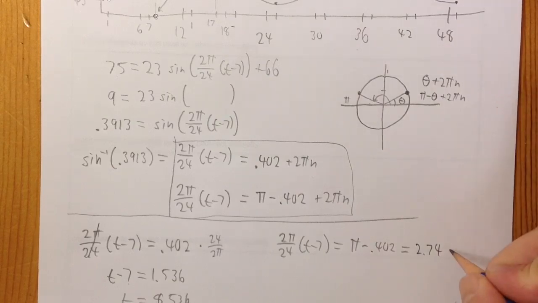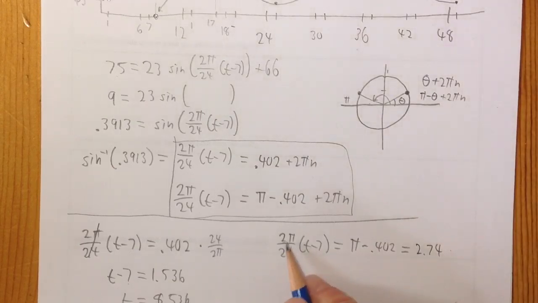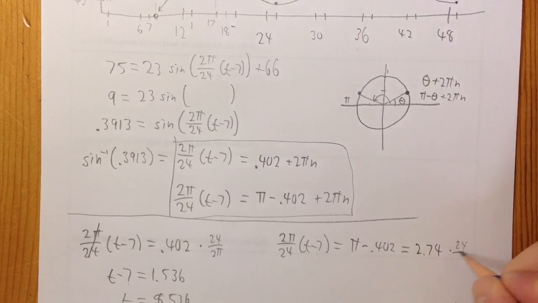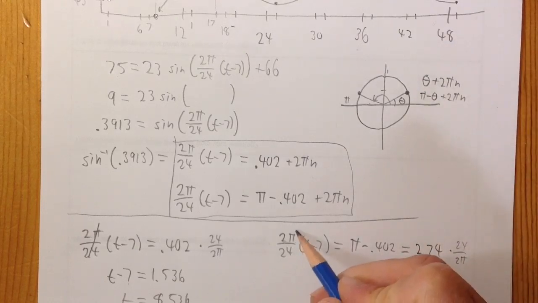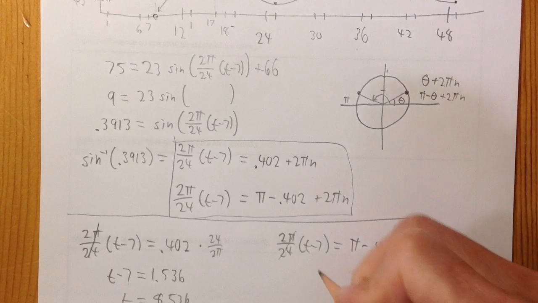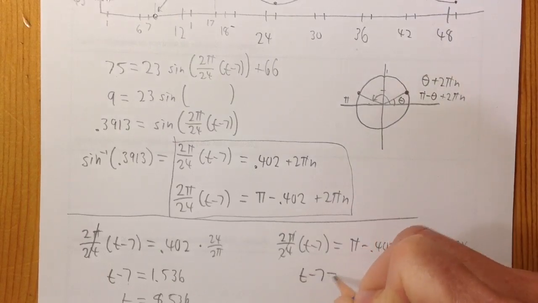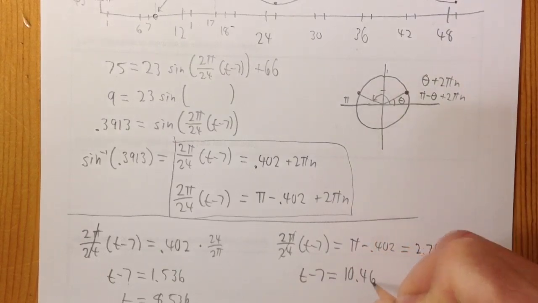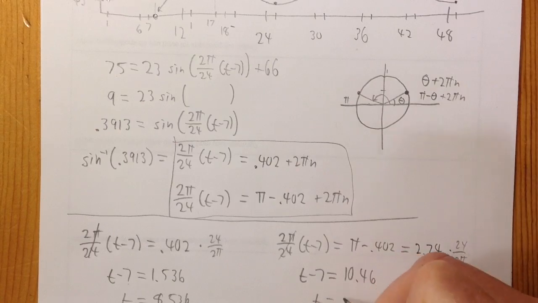Multiply that by 24 over 2 pi to cancel this out. So 2.74 times 24 divided by 2 divided by pi. I get 10.46. So t minus 7 is equal to 10.46, or t is, add 7, 17.46.